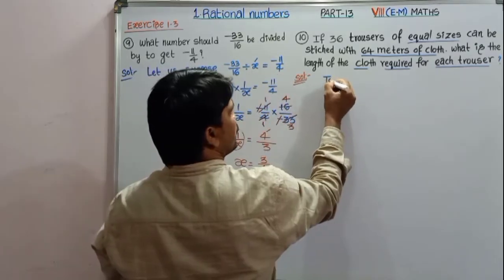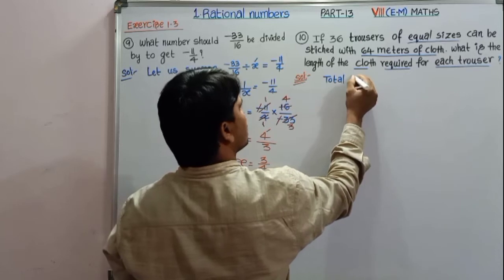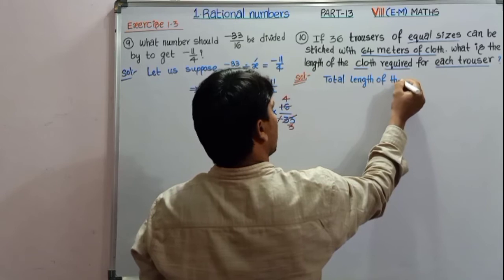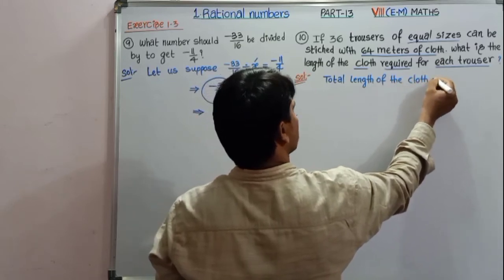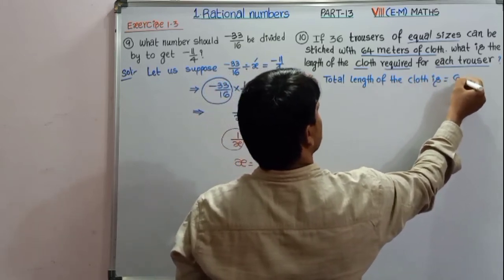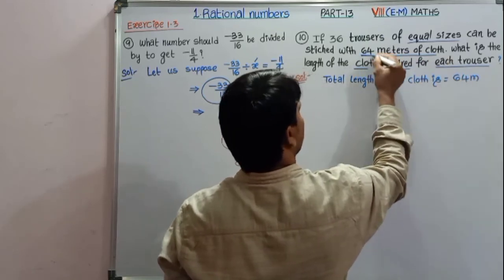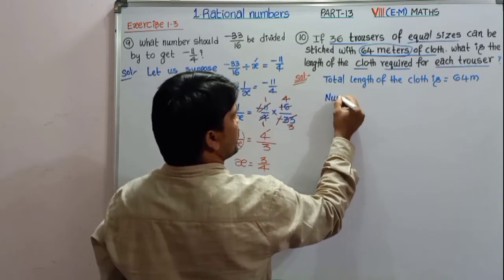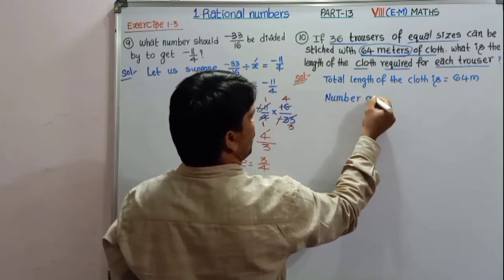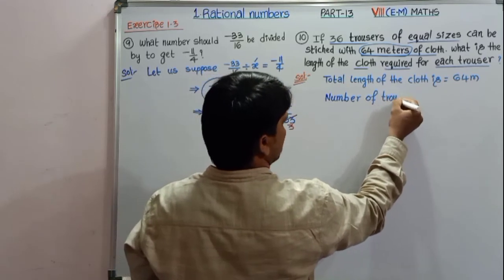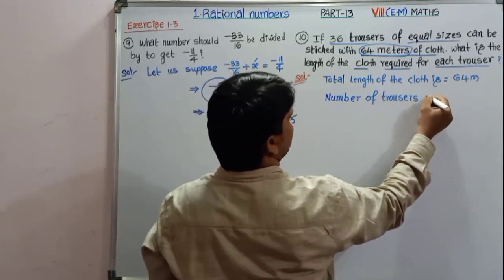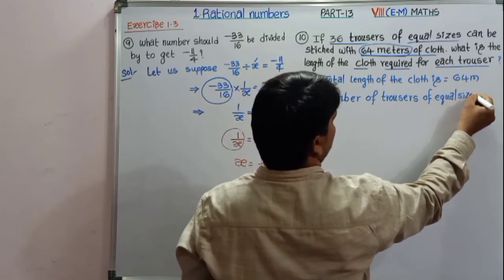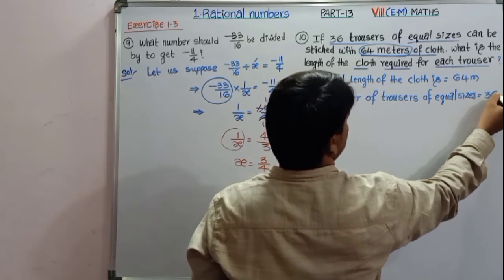Total length of the cloth is 64 meter. So the number of trousers, each of equal sizes, is 36.